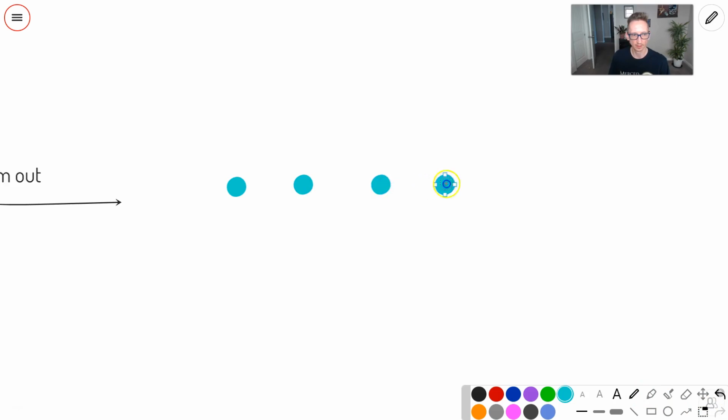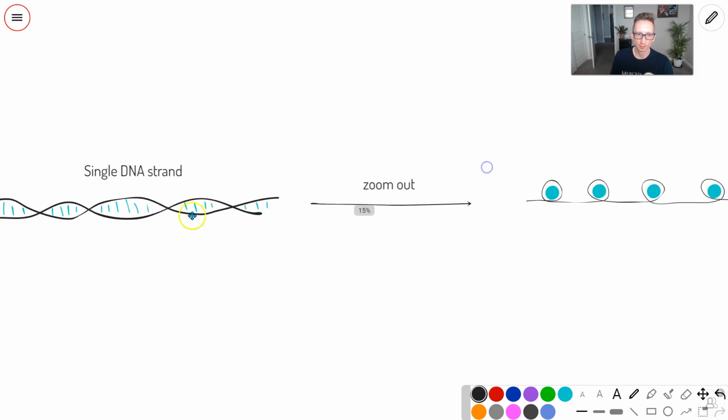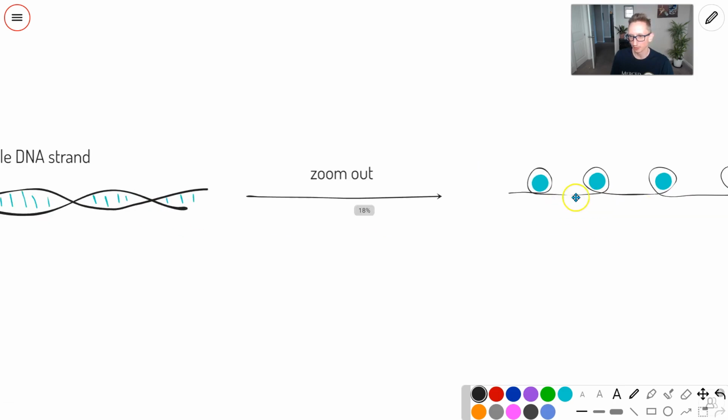Like so. Okay? So the DNA actually wraps around this protein. It actually wraps around twice. I'm just going to do it once. But it actually wraps around twice. Okay? So this section right here is like looking right there.